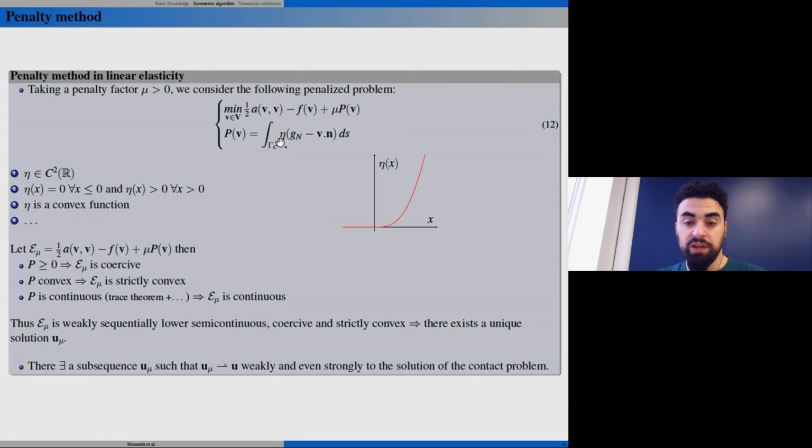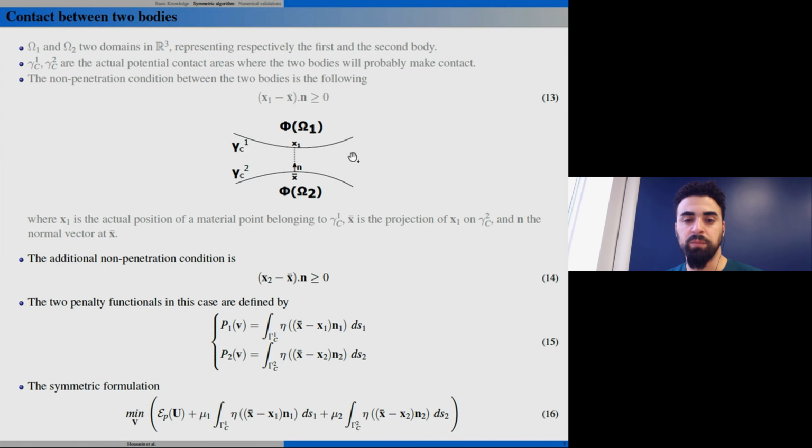And here, for example, the function eta has to be C2, because if you use a Newton method, in order to compute the Hessian without obtaining a problem with the computation of the Hessian matrix. And now we will apply our penalty method in the case of the contact of two bodies.